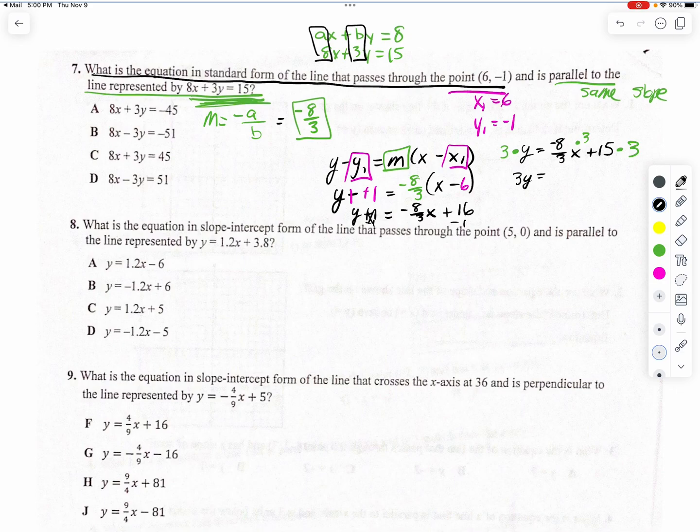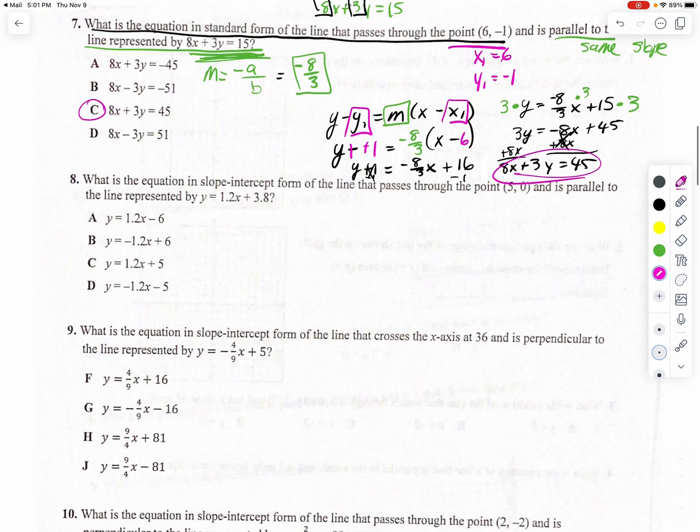Negative 8 over 3x times 3, the 3's cancel. You have negative 8x. And then 15 times 3 is 45. Add 8x to each side. And we have 8x plus 3y equals 45. And that's it, y'all. That is C.